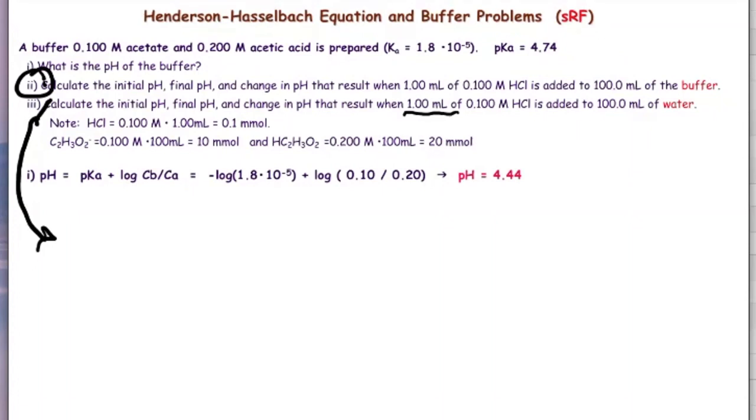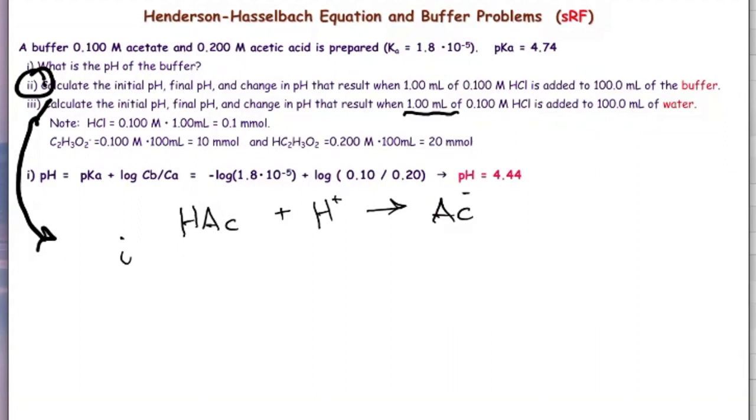What we have is acetic acid initially. That's our initial. Then we're going to add hydrochloric acid, and the hydrochloric acid and the acetic acid will mean you're going to have the acetate ion and some other product.